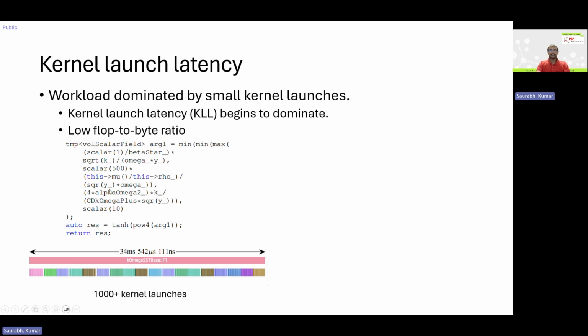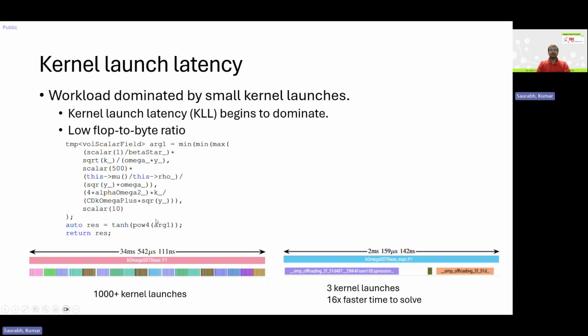In this work, we showcase how we can reduce these 1,000+ kernels to basically just three kernels. And more importantly, our 34 millisecond time has now been reduced to about 2 milliseconds, which is almost 16 times faster time to solve. This is a significant speed up, and it leads to a very good time to solve.